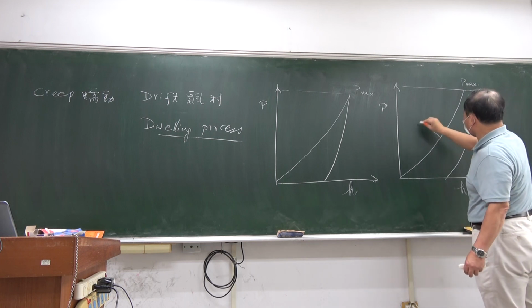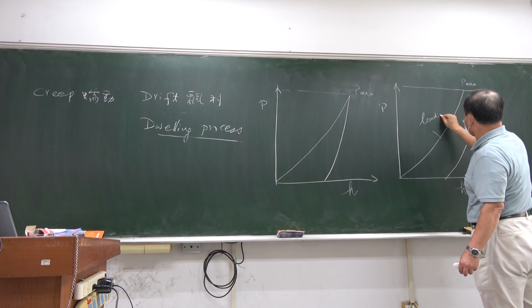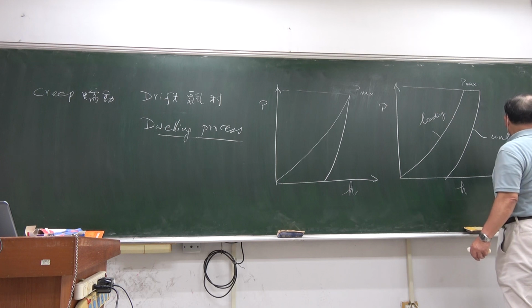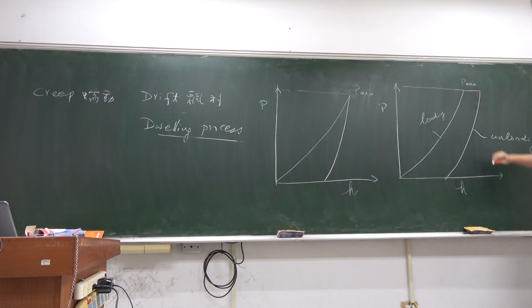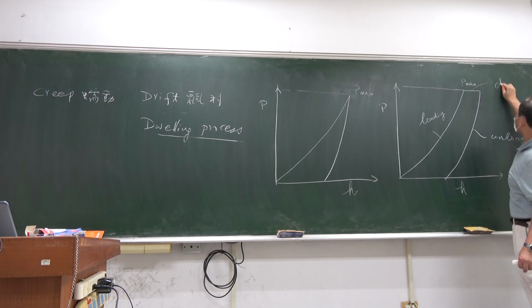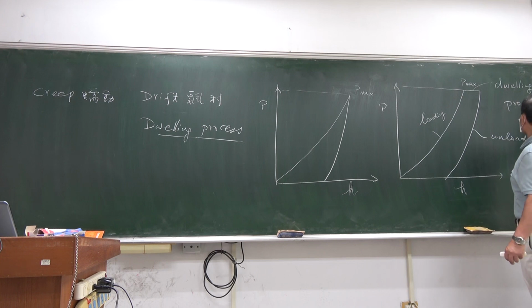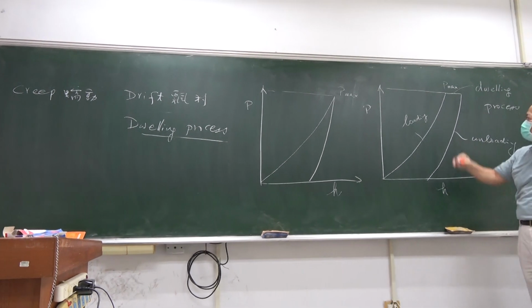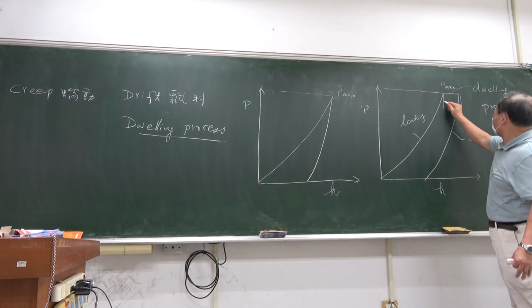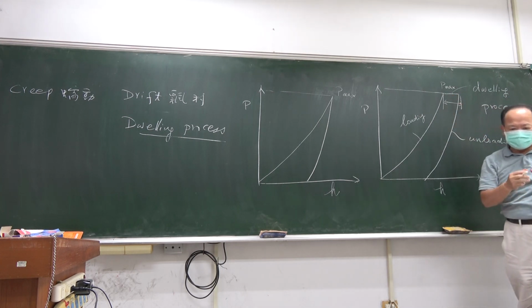This is loading. This is unloading. Before starting the unloading process, we hold the load at a constant P maximum for a period of time. This process we call the dwelling process. Okay. So in this case, this period of time may be long or may be short.